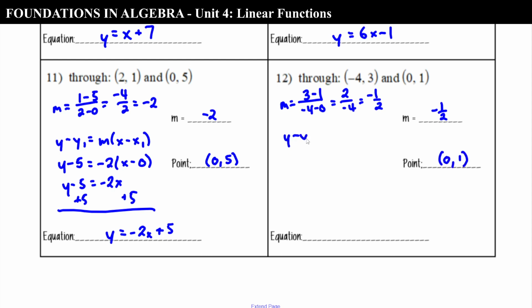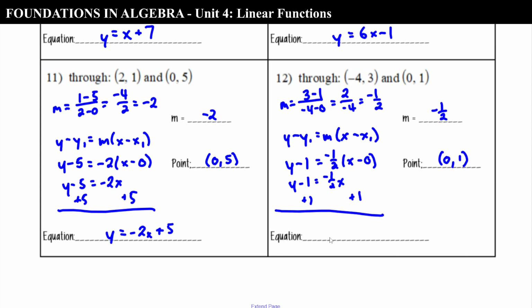So we have y minus y1 equals m times x minus x1. y1 is going to be 1. So we have y minus 1 equals negative 1/2 x minus 0. So that gives us y minus 1 equals negative 1/2 x. And then if we add 1 to each side, our final answer is y equals negative 1/2 x plus 1.